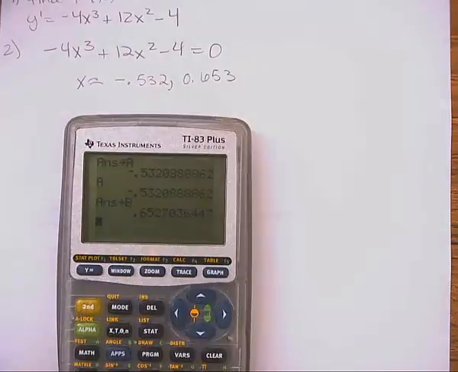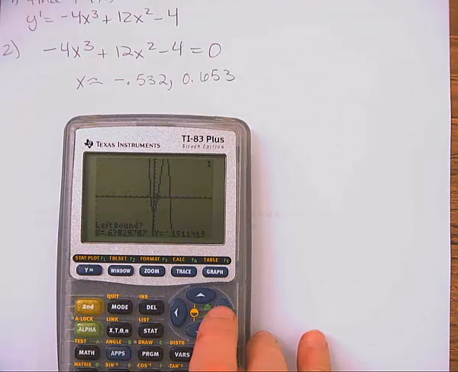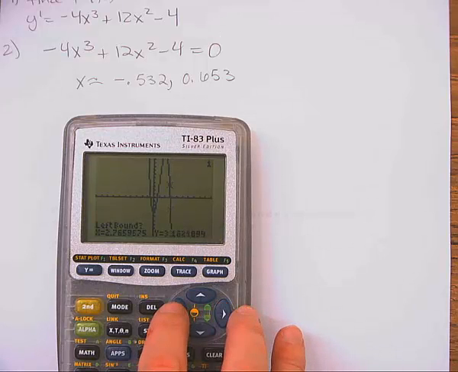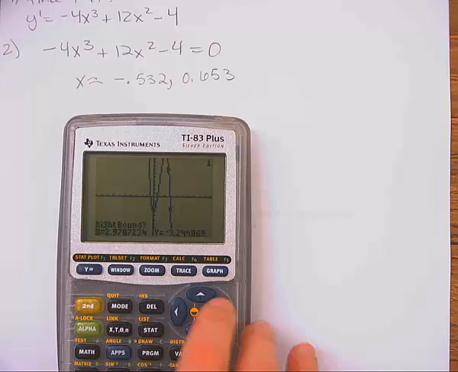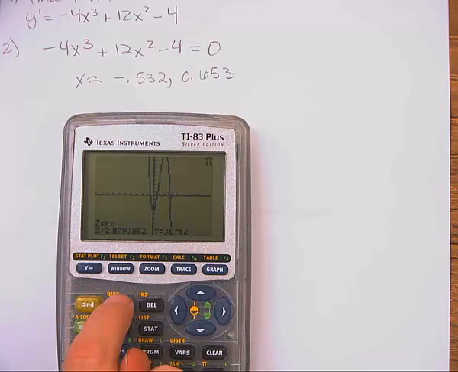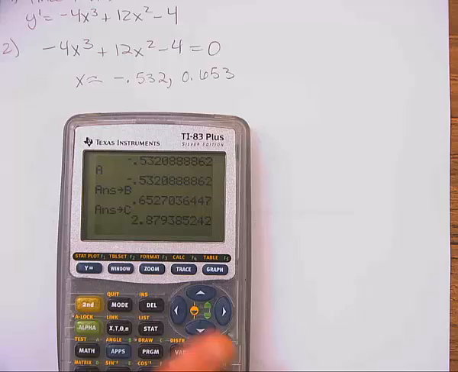Alright, then I'm going to find the third one. Second calc 0, go to the left of that, whoops, went too far, and then to the right, get that third root, second quit, store it as alpha C. And it was 2.879.